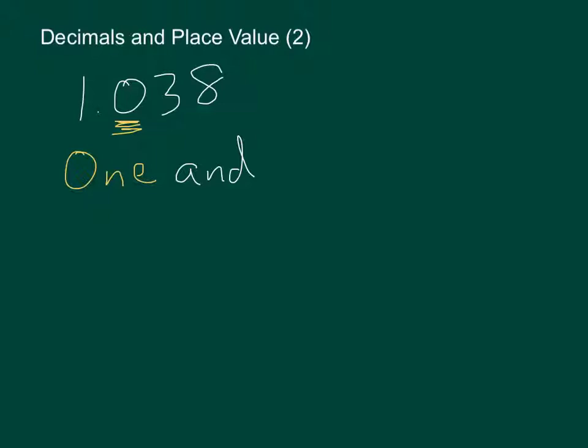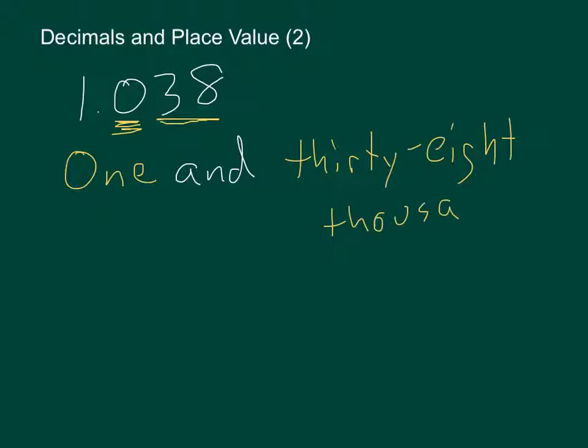But what we are going to say is 38, and that 8 is actually in the thousandths place. So it'll be 38 thousandths. Okay, so the whole number is 1 and 38 thousandths.